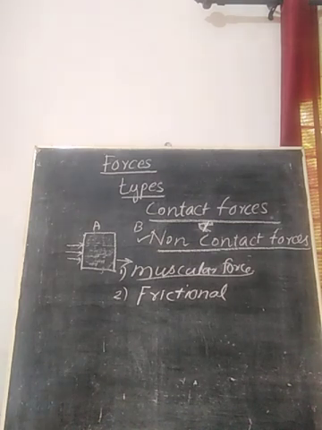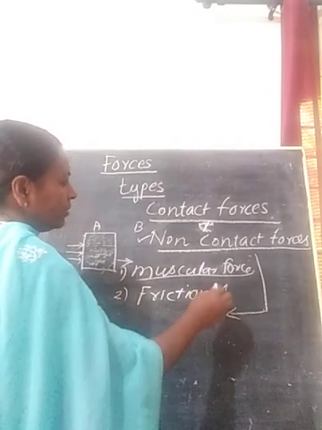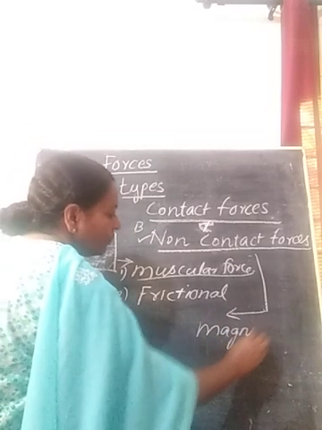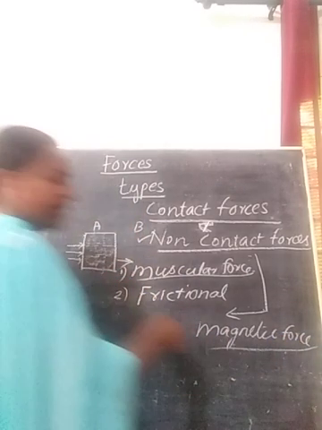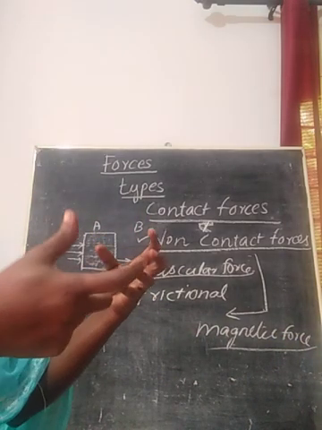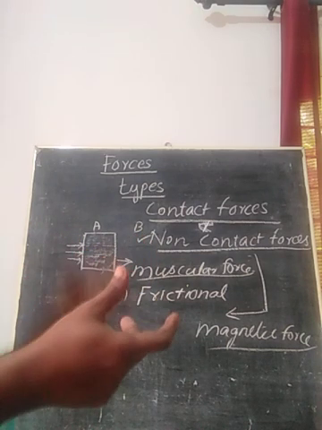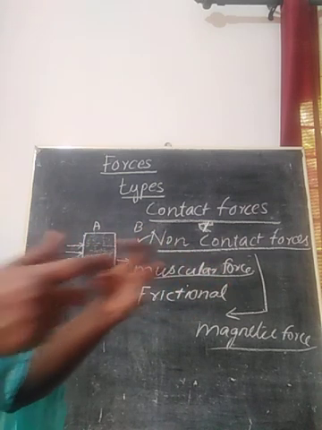Can you cite some examples of this type of force? The first example of non-contact force is magnetic force. We don't need to keep a magnet in touch with the other object. When we bring the magnet close to a magnetic material, the magnetic material will jump towards the magnet. There is no line of contact, no connection.